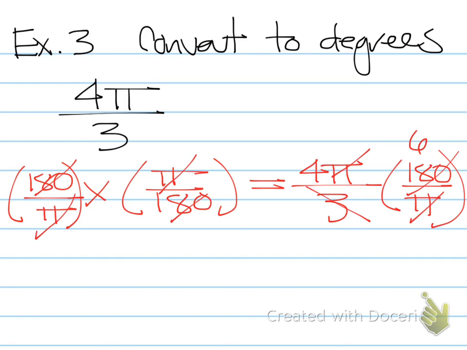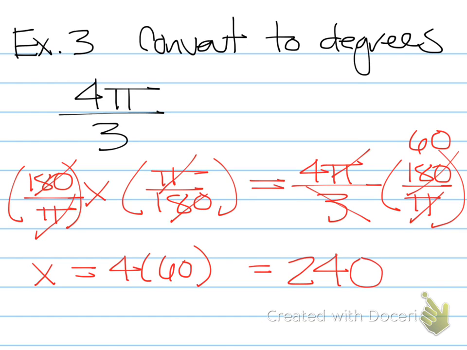Once we multiply both sides by 180 over pi, and we cancel out what we can cancel out, we're left with 4 times 60, which is 240 degrees. So 4 pi over 3 radian is equivalent to 240 degrees.